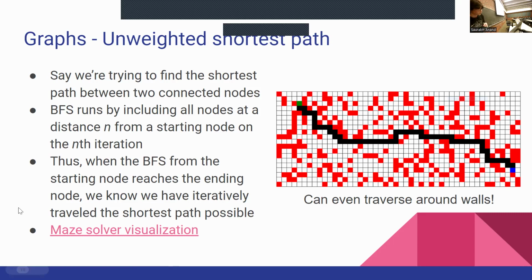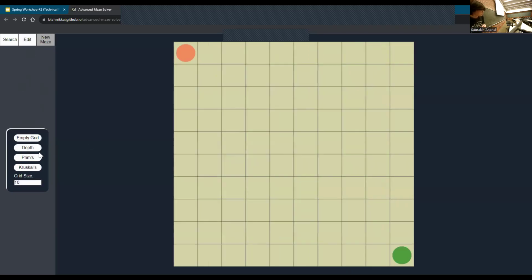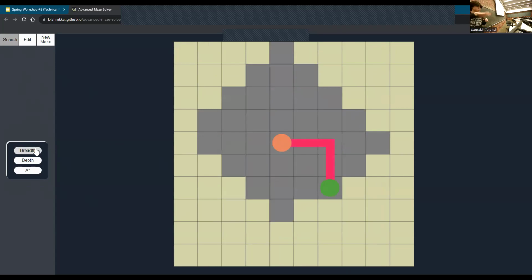I'll show you just a little visualization. So if I make a grid like this, this is the start, and this is the end, and a BFS will expand outward gradually. It'll make a larger and larger gray area, which is what it's visited, and it'll find that path.